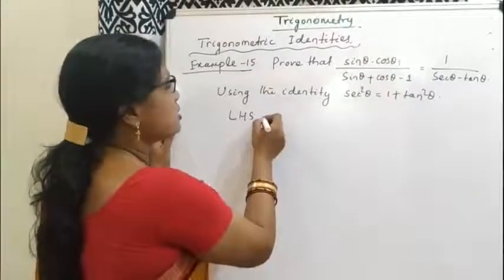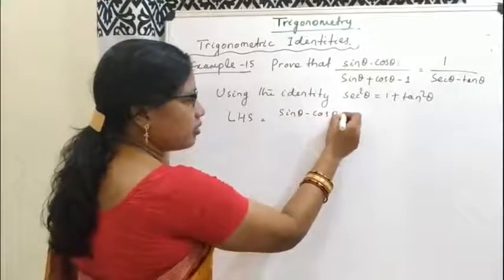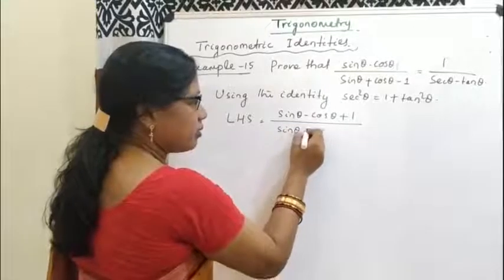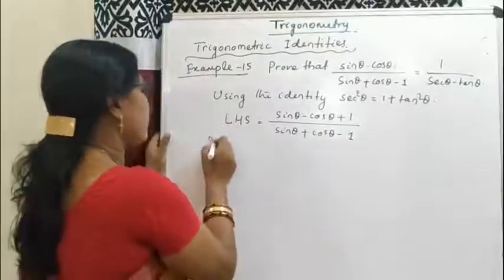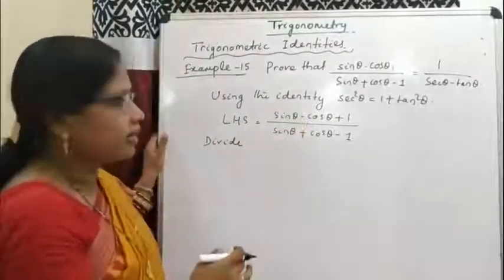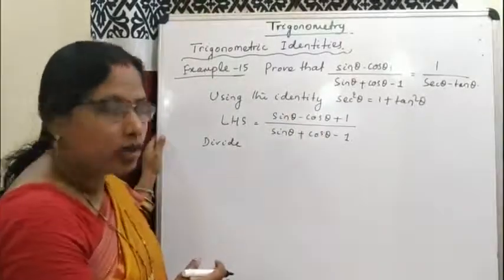So LHS is equal to (sin theta minus cos theta plus 1) divided by (sin theta plus cos theta minus 1). To convert it into tan theta, we have to divide both numerator and denominator by cos theta.